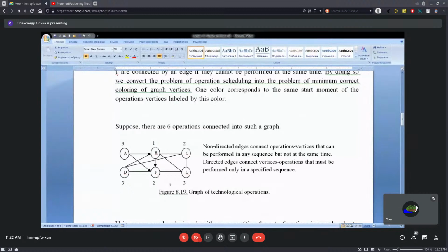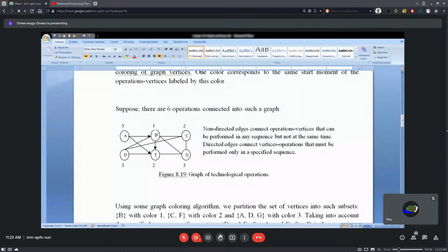Of course, it is advisable to do in parallel as many operations as possible. And the problem of parallel scheduling of execution of these operations can be reduced to the problem of graph coloring.